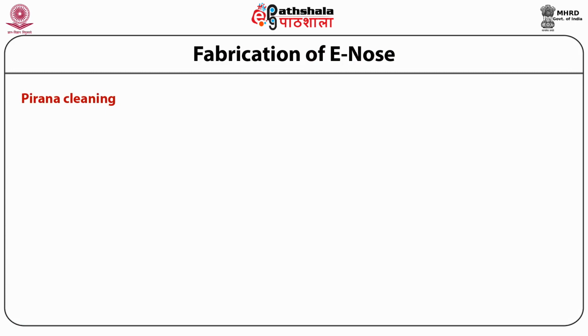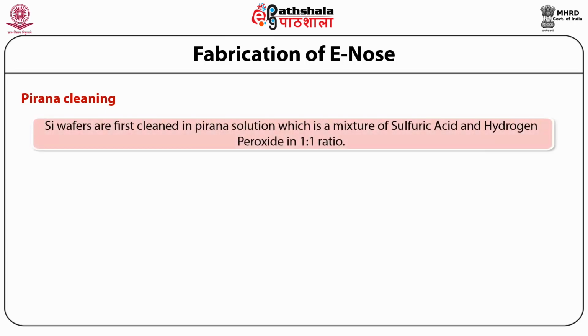Now, students, this is the first step of the cleaning of silicon wafers, where they are first cleaned in Piranha solution, which is a mixture of sulfuric acid and hydrogen peroxide in a 1:1 ratio.